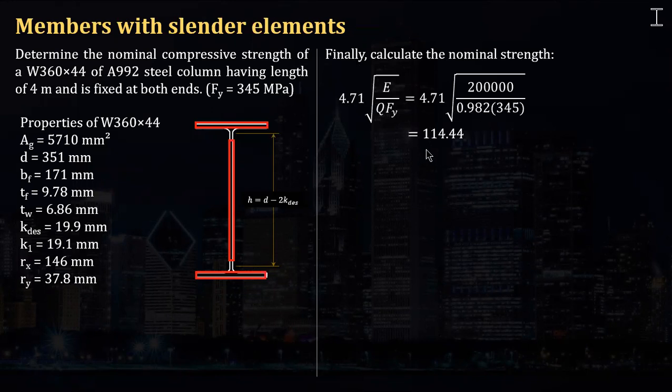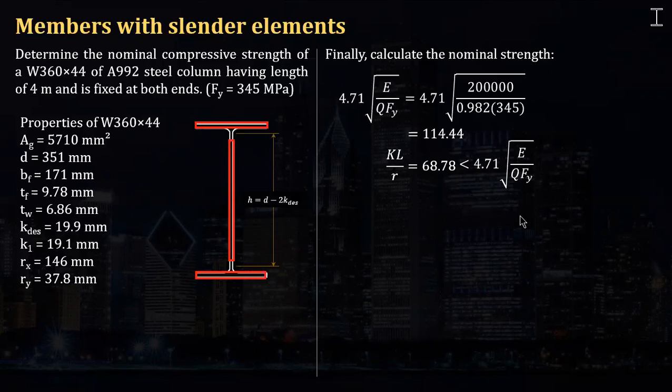So the value of this becomes 114.44. And of course, the KL over r that we solved kanina was 68.78, and that is still less than this. Okay? You may not check that if kanina we used the inelastic buckling stress Fcr equal to 0.658 raised to Fy over Fe times Fy.